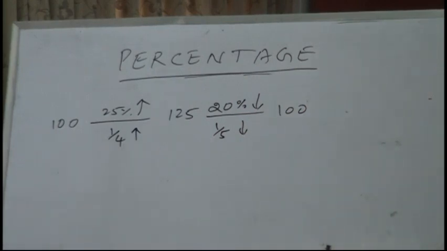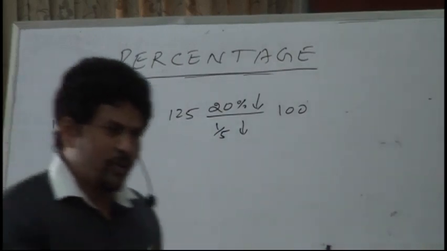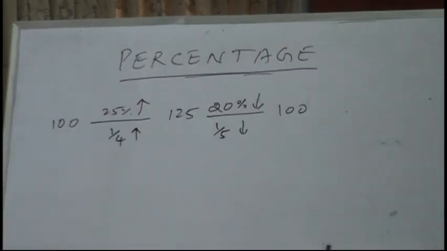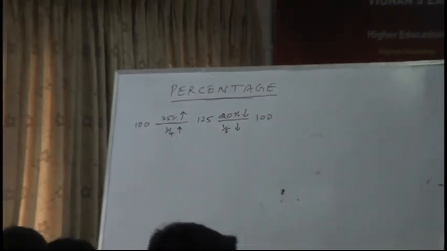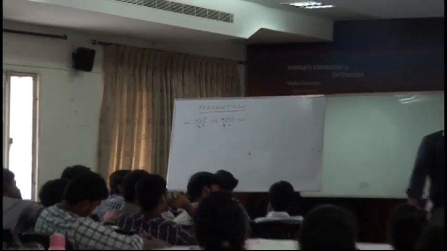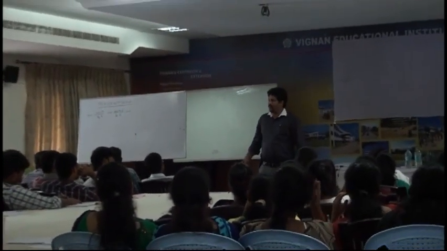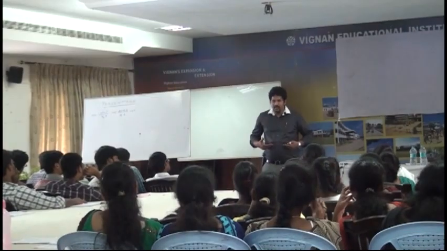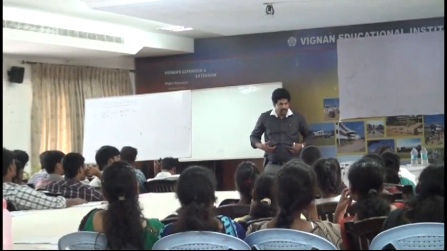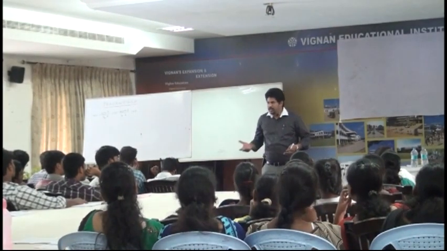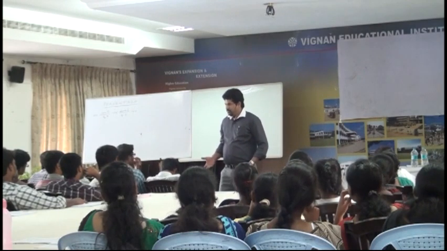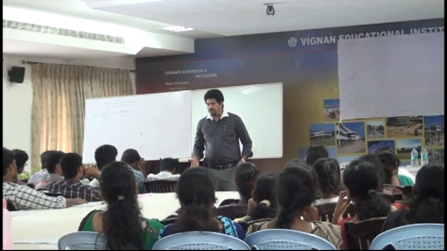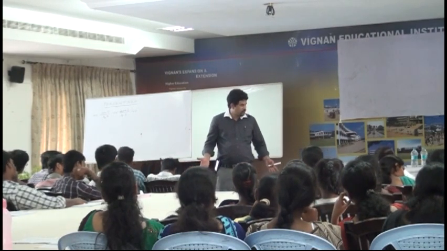Its application is something like this. The price of a commodity is increased by 25%. Price of petrol is increased by 25%, suppose. By what percentage do I need to reduce my consumption to maintain the same expenditure? 20%, right?